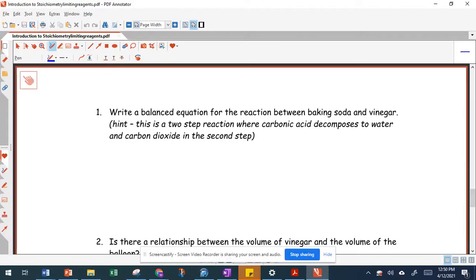Okay, so before we go, I just want to go over this real quick. So the first reaction that we had was between this baking soda, that's sodium bicarbonate, and vinegar. And vinegar is mostly acetic acid or hydrogen acetate.